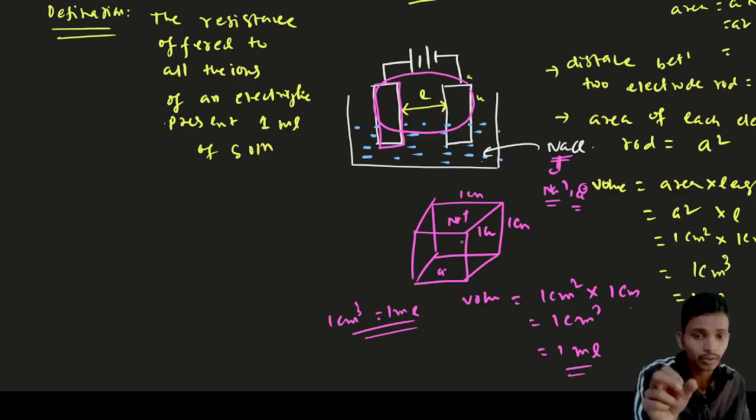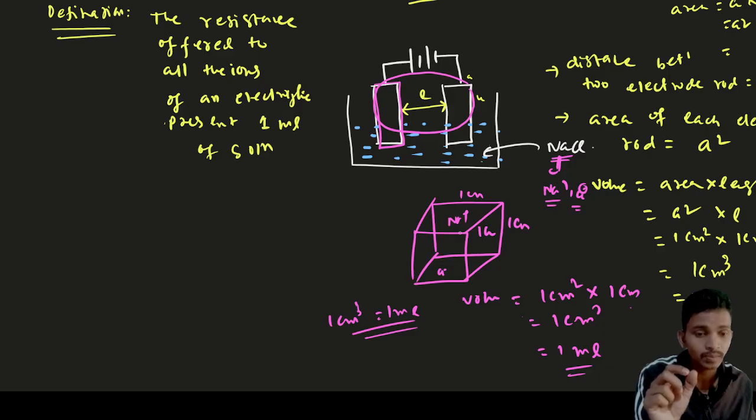Within this amount of volume, how much is the resistance offered to the flow of Na plus and Cl minus of the electrolyte NaCl, in this 1 centimeter cube, the 1 milliliter volume.